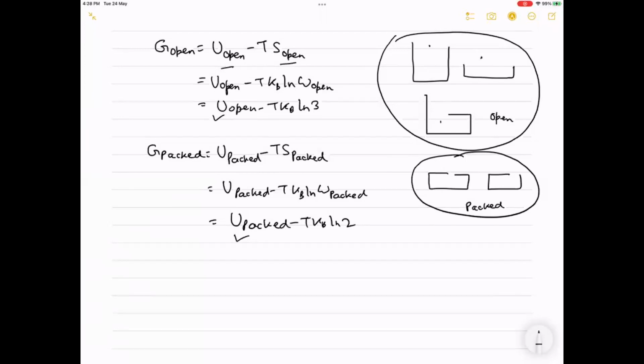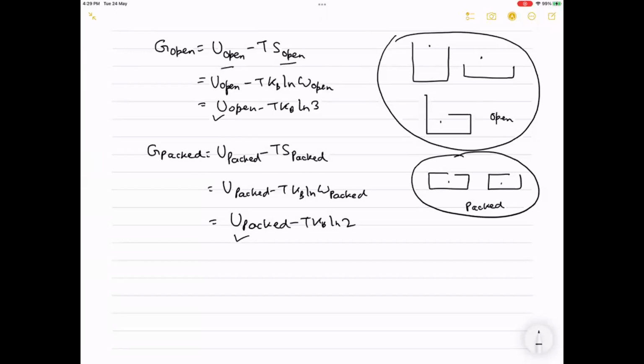Similarly, if I have to calculate the average energy of the packed macroscopic state, I have to calculate the energy of this one and this one, and then take the average. Okay. So what I'm going to tell you is how to do it for one of them, and then I leave it to you to find out the remaining ones. Okay, so let's see how we are going to find out the energy of the first one.